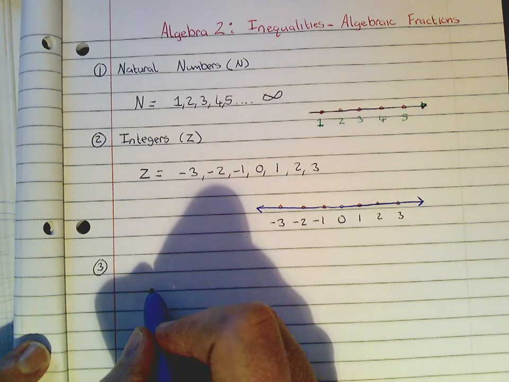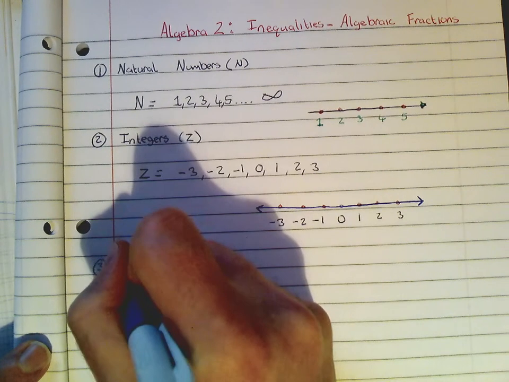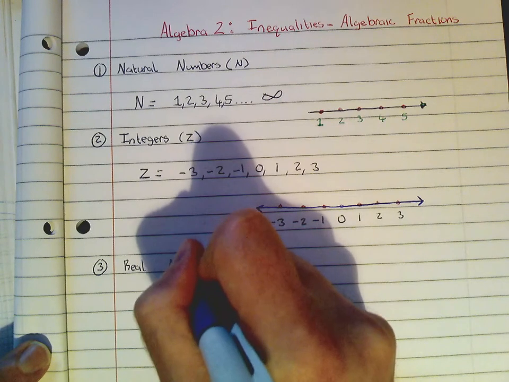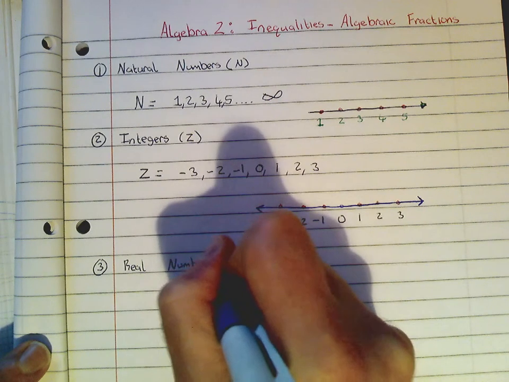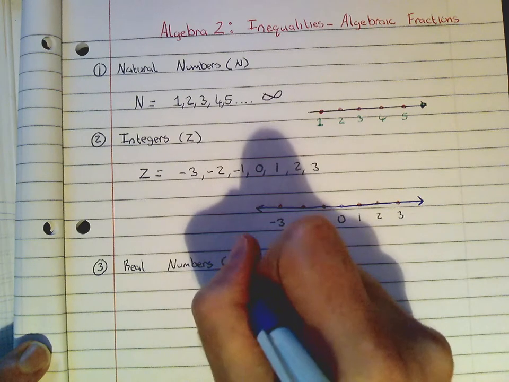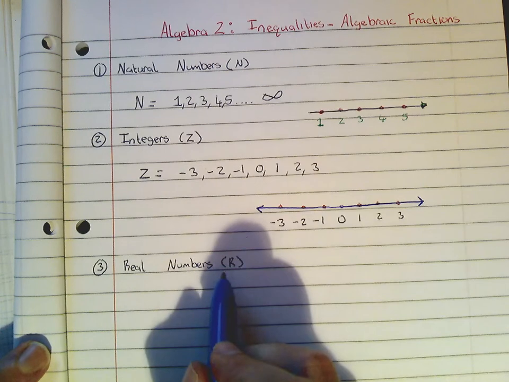The next type of numbers we have are called real numbers. A capital R is the letter used to represent real numbers.